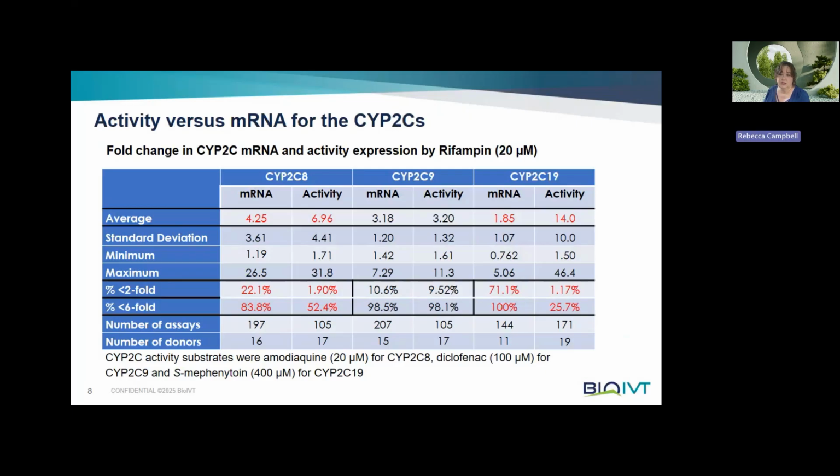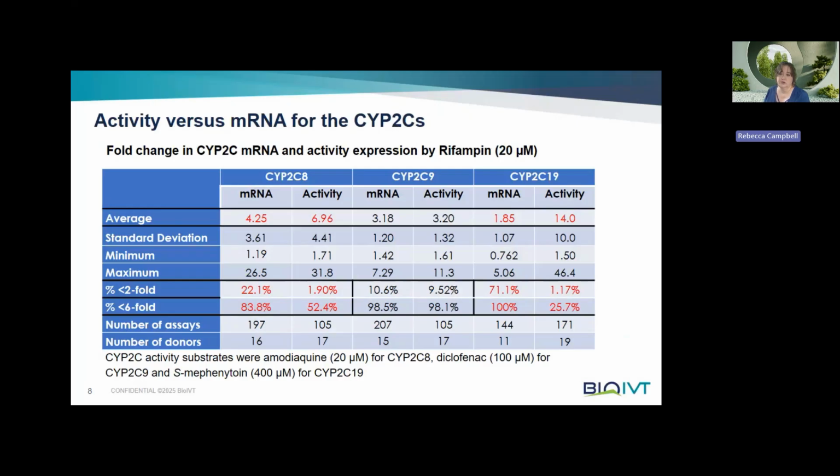Additionally, rifampin failed to reach twofold in 71.1% of assays when evaluating CYP2C19 mRNA versus only 1.1% of activity assays. We see a similar trend with rifampin failing to reach sixfold in 100% of assays when evaluating CYP2C19 mRNA versus only 25.7% of activity assays.